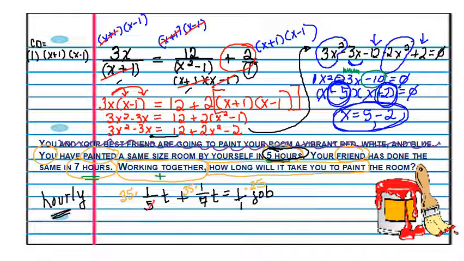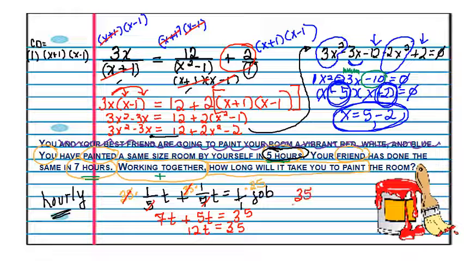Alright, so 5 gives us a 7T. 35 is going to give us a 5T. equals one job, which is 35 over 1, so 35. So that gives you 12t equals the 35.